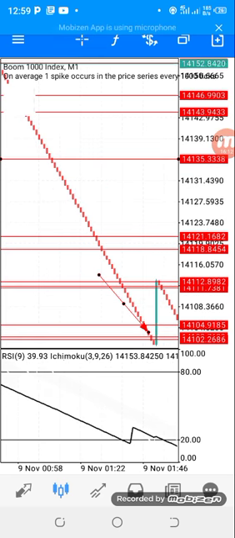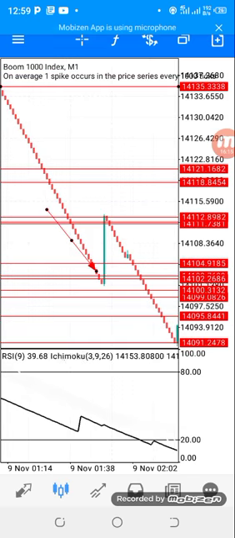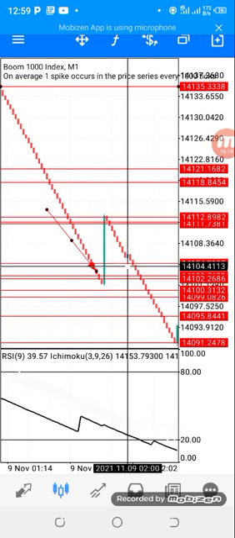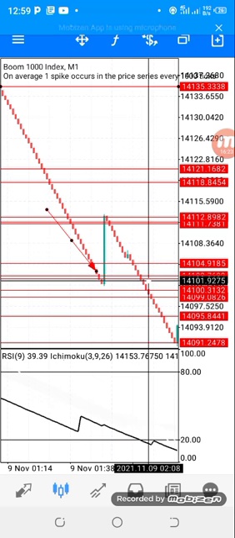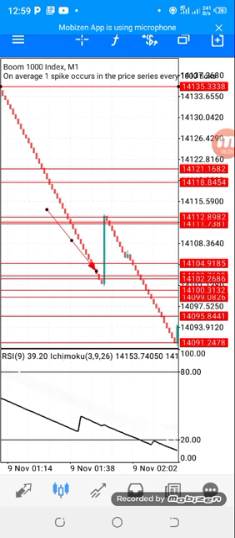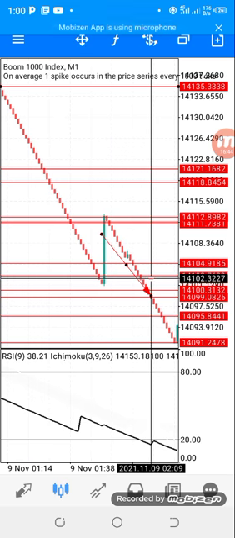So let's look for another one. Now, if you look at this place here, can you see, as at the time it touches this level, the bearish price touches this support zone, our Ichimoku line is below 20 level.